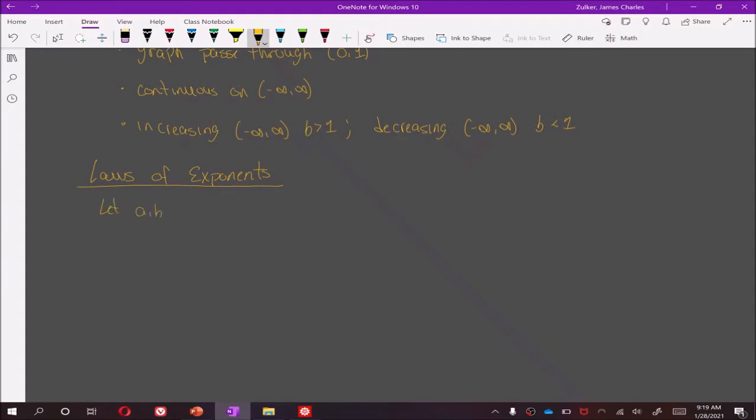So we let a and b be positive numbers, and we let x and y be real numbers.